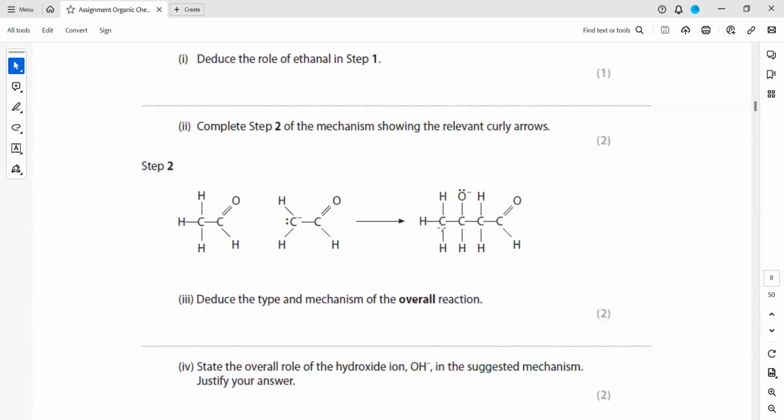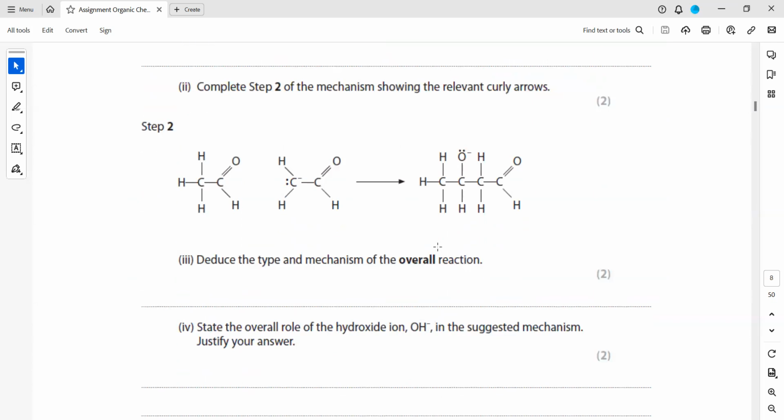Next, complete step 2 of the mechanism, show the relevant curly arrows. So when we write the polarity, oxygen will be partial negative, carbon will be partial positive. And you can see oxygen has an extra electron.